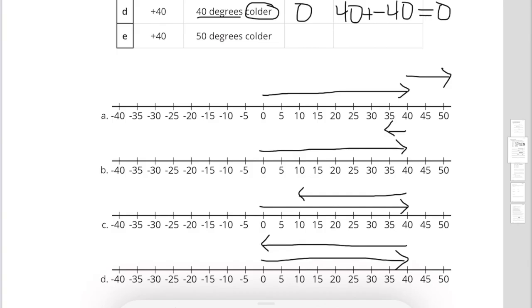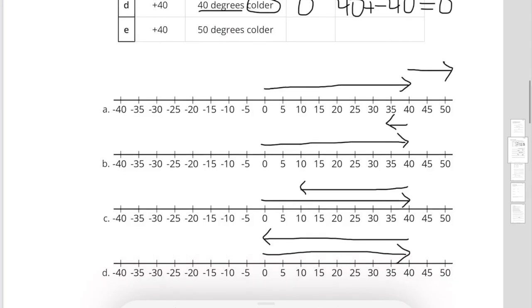So positive 40 and negative 40 are called opposites. So any number and its opposite, when you add them, equal 0. So if you notice, your arrows are the same size and they're pointing the opposite direction. So when you add opposites, your arrows will be the same size, but they'll be pointing the opposite direction.